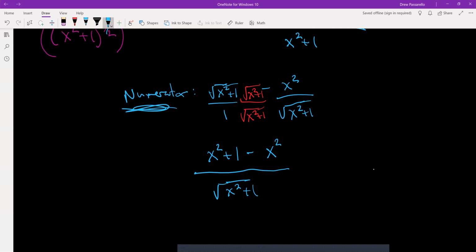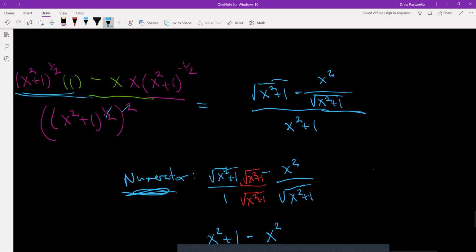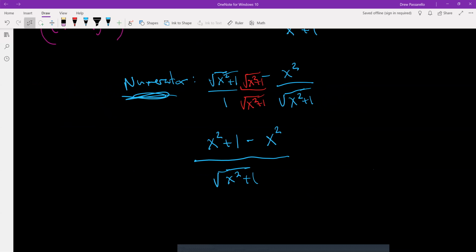Mind you, this is the numerator portion of the problem. Now I can cancel out x squared with minus x squared, so you just have 1 over the square root of x squared plus 1. That was simplifying the numerator into one single fraction.